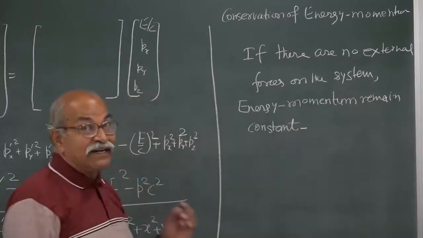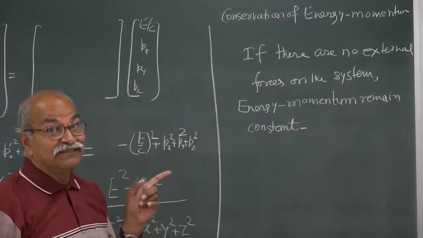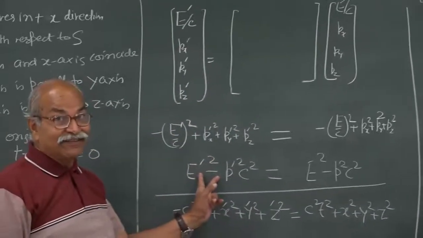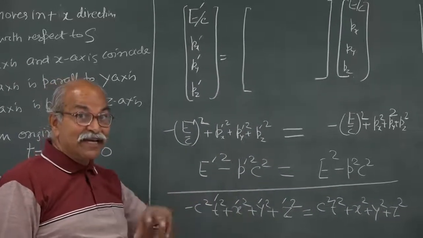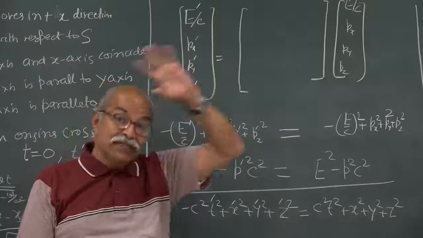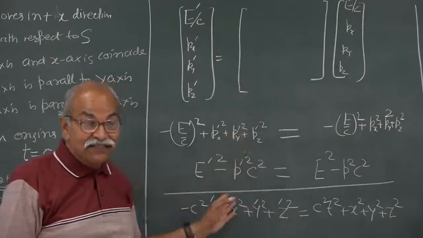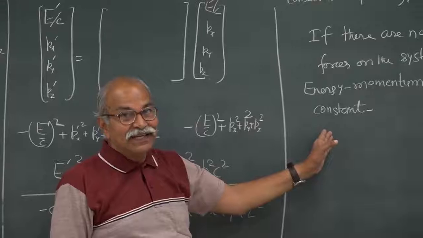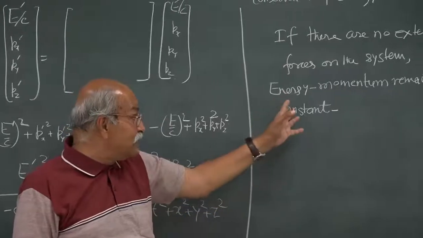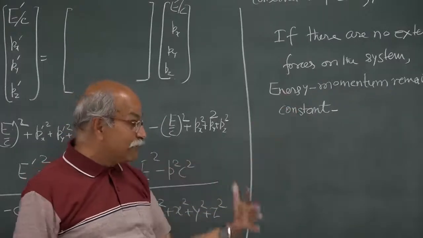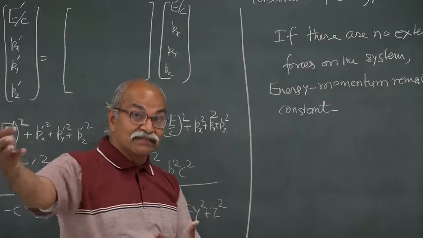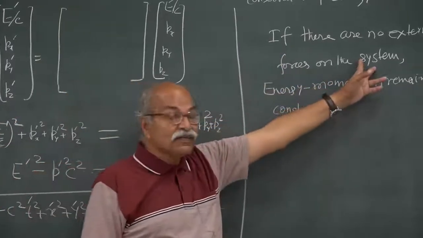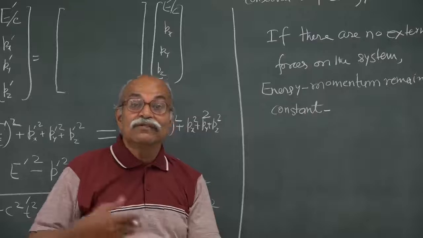Distinguish between invariant and constant. When I say that this is invariant, I have in mind going from one frame to another frame, this quantity does not change. When I am saying this is constant, I have in mind that I am using the same frame. Time passes. The system may undergo changes.